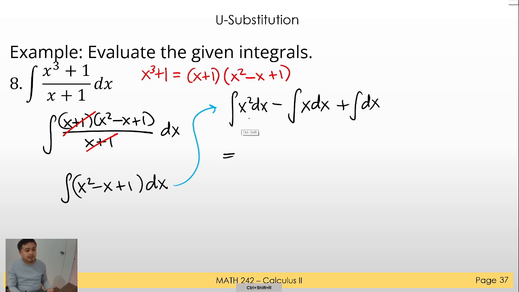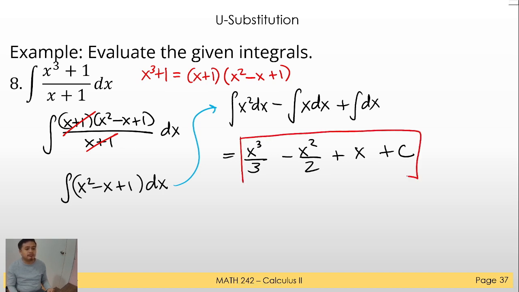So this will be equal to, due to the power rule, x cubed over 3 minus x squared over 2 plus x and then plus c. So this will be your integral. So do not forget the factorization. We have a lot of algebraic concepts that we need to remember in order to rewrite our function so that we could integrate them.